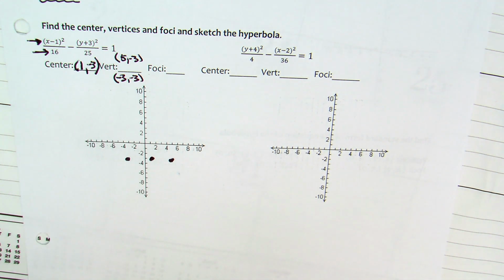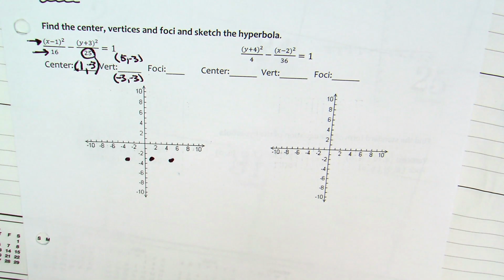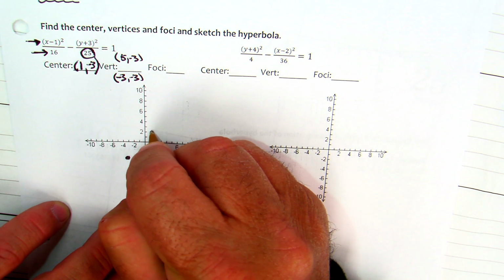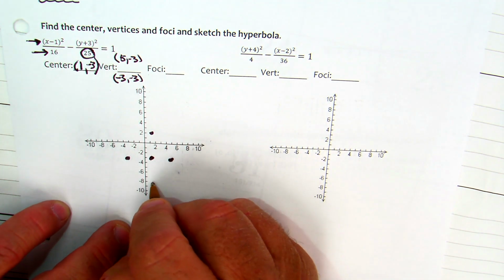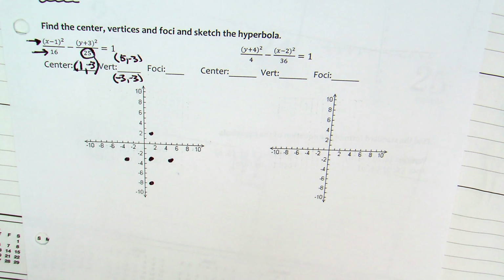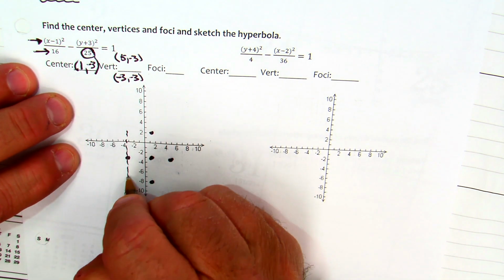Now, here's what you use the other fraction for. 25. What's the square root of 25? 5. That means we're going up 5 from the center and down 5 from the center. However, instead of an ellipse like we made the last time, we're going to create a rectangle.